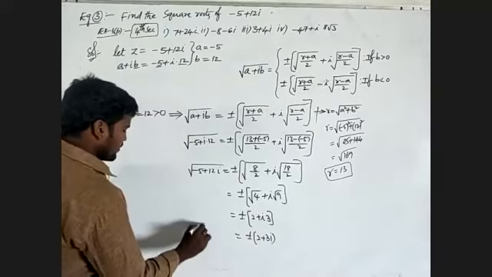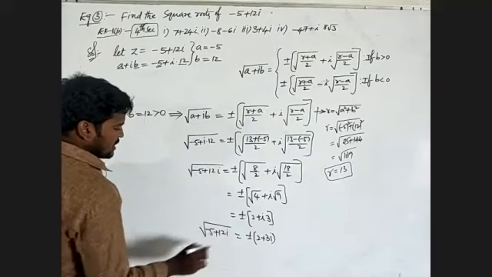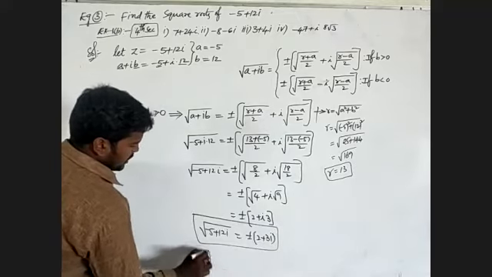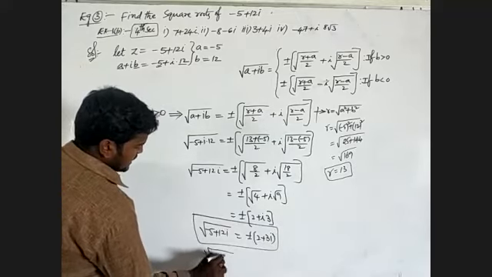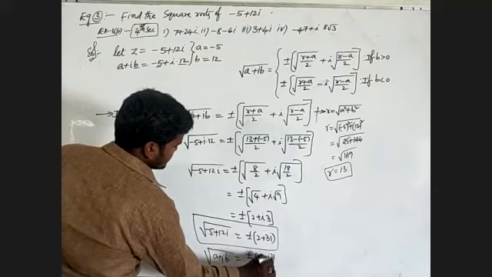This is the square root of minus 5 plus 12i. Already I told one thing in the previous class: when we take the square root of a complex number, it is always of the form plus or minus x plus iy.